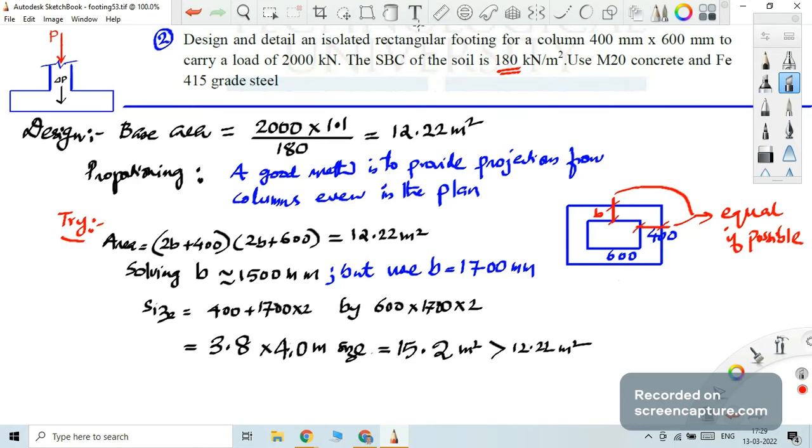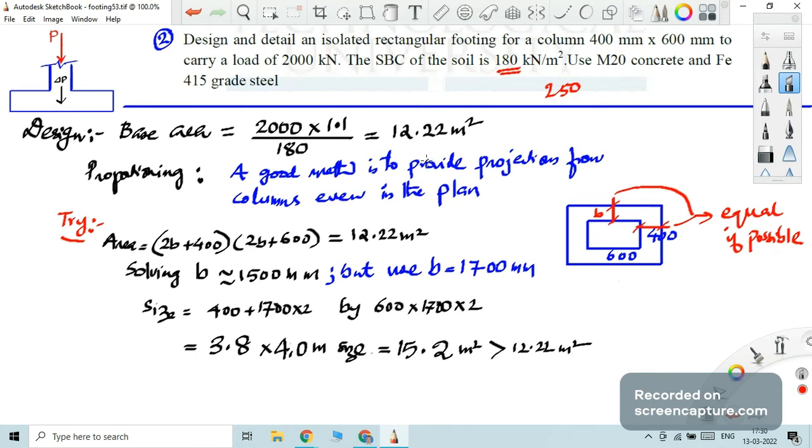Anyway, in Kerala red soil scenario, as I have told you, it is around 250. Anyway, this is an illustration problem, so never mind. So divided by 180, it is 12.22 square meter.